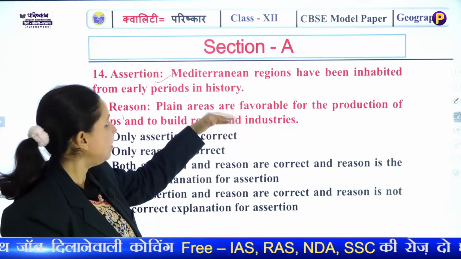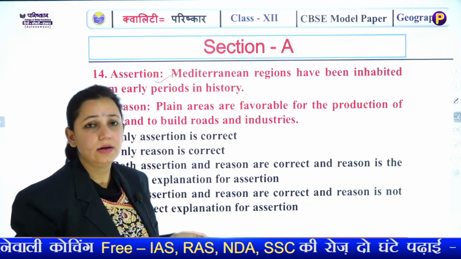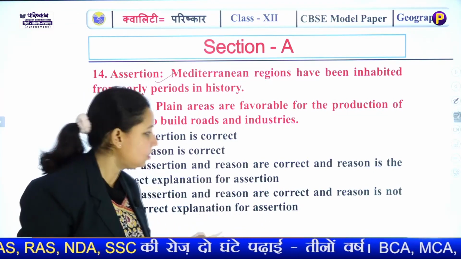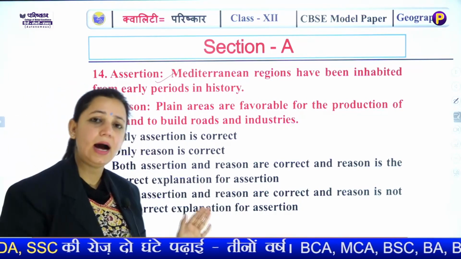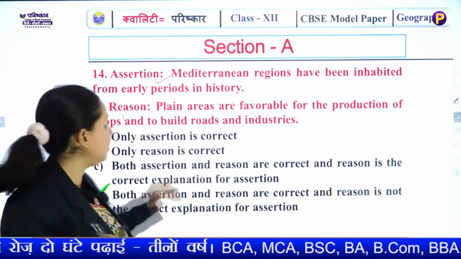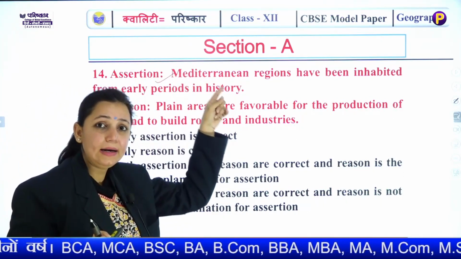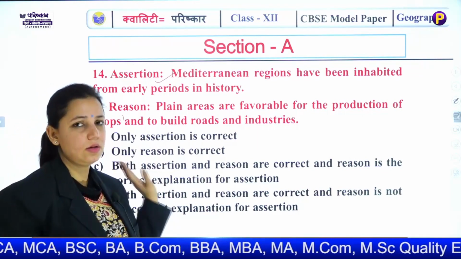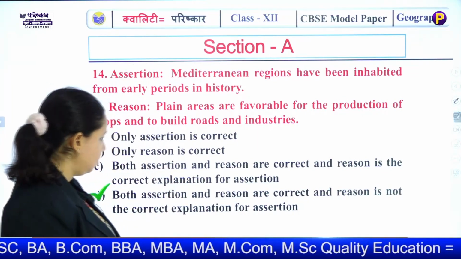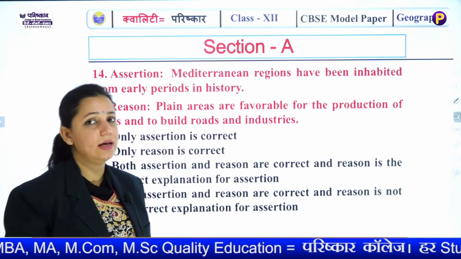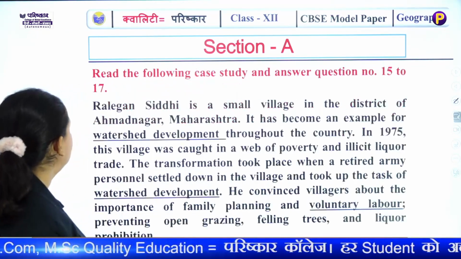It is not explaining why the Mediterranean region has been inhabited from time immemorial. So, these are both independent statements, and this reason is not dependent, because a reason has to be dependent on the assertion. So, we can come to the conclusion that option D is the correct one.